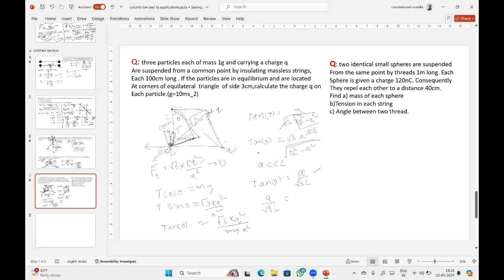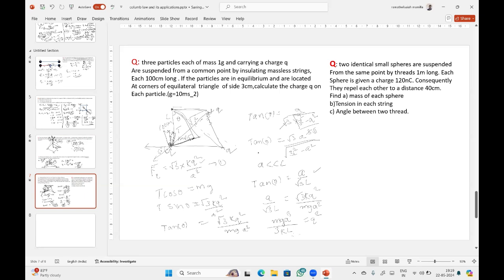So now A by root 3L is equal to root 3 into KQ square by mg into A square. So root 3 becomes 3 here, 3 into L, and that is equal to A cube. So mg A cube by 3KL is equal to Q square.